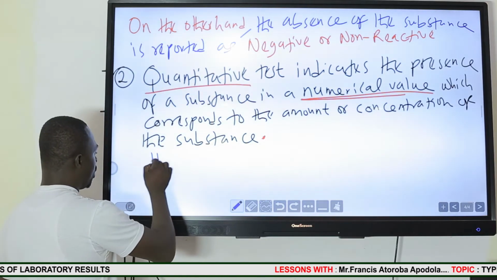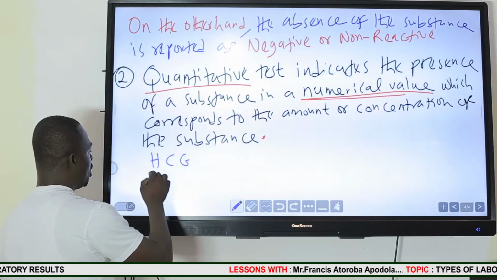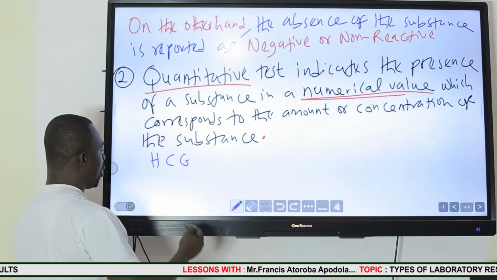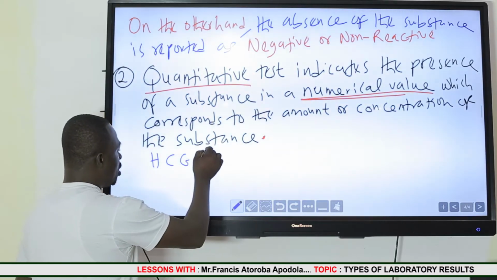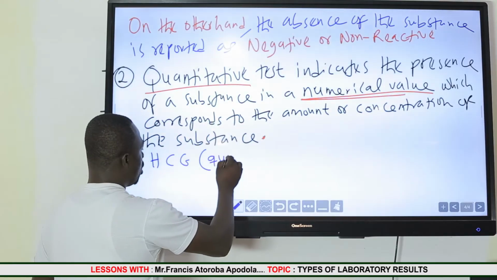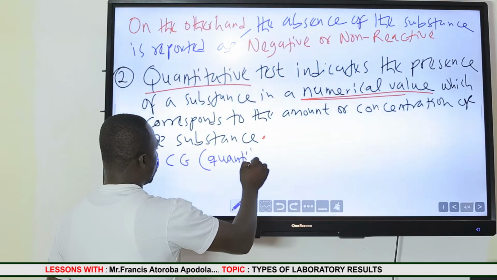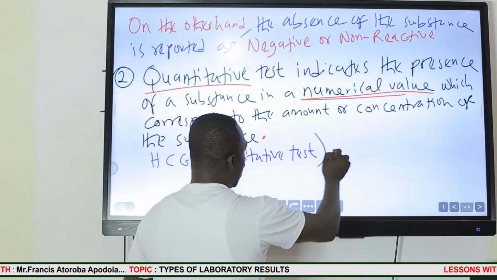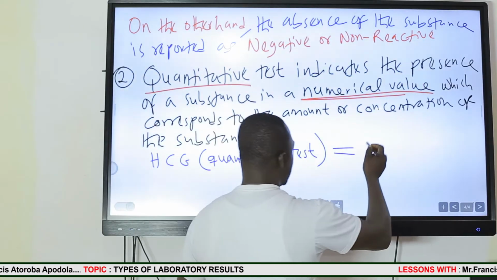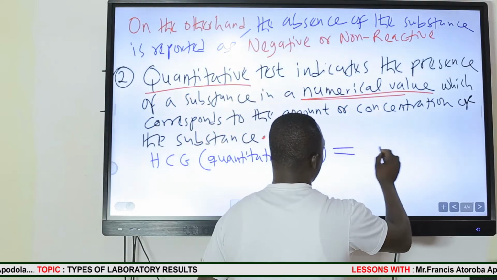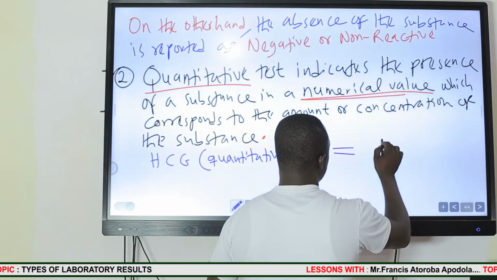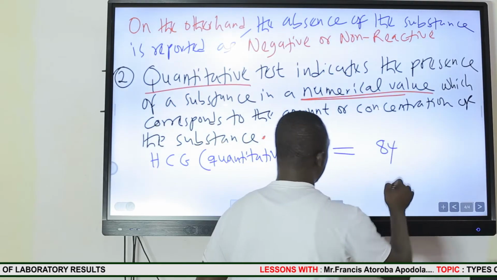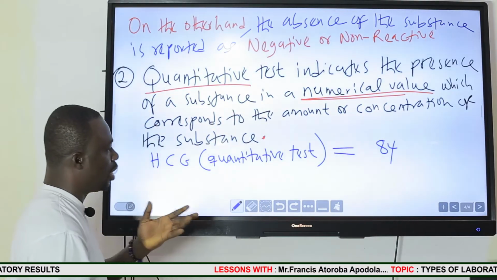For example, HCG can be quantified in blood. So the HCG quantitative test will actually come with a value of, say, 84. So this is a numerical value.